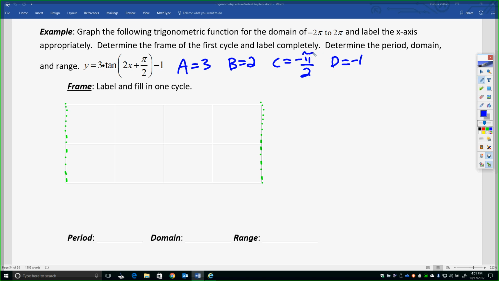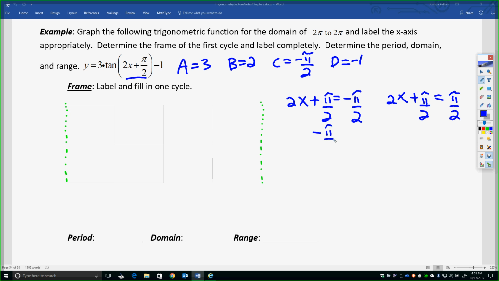First we need our initial and ending values, so we make our formulas. We take the inner part of the tangent, 2x plus pi over 2 equals, and 2x plus pi over 2 equals. The tangent is undefined every half pi, so negative pi over 2 and pi over 2 will give us the beginning and end of the initial cycle normally, but we're going to shift them now.